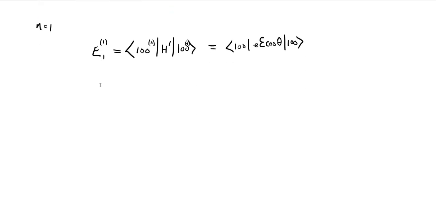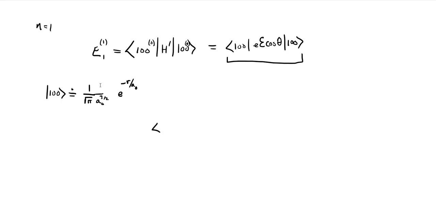Now we know that our 1, 0, 0 state in the position representation is written as 1 over root pi times a to the 3 halves, e to the negative r over a naught. So this is the position representation, and we essentially just have to perform this integral in the position representation.